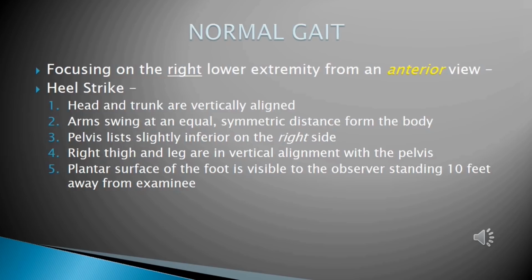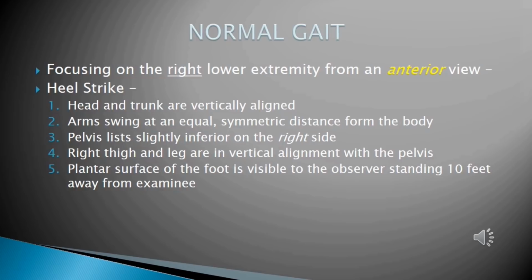If it was to list slightly inferior on the left side, that would be considered a pathologic finding. We notice that the right thigh and leg are in vertical alignment with the pelvis, and that the plantar surface of the foot is visible to the observer standing 10 feet away from the examinee.